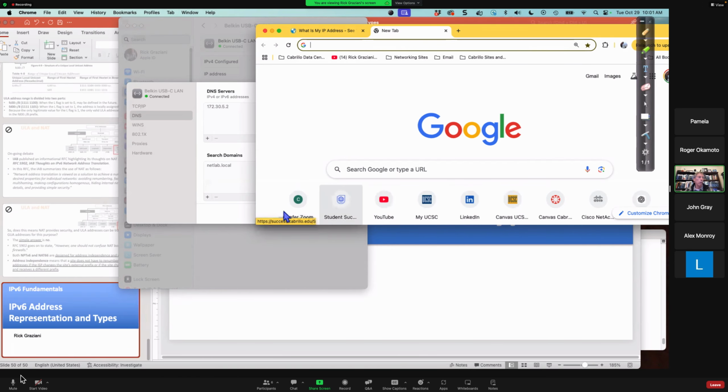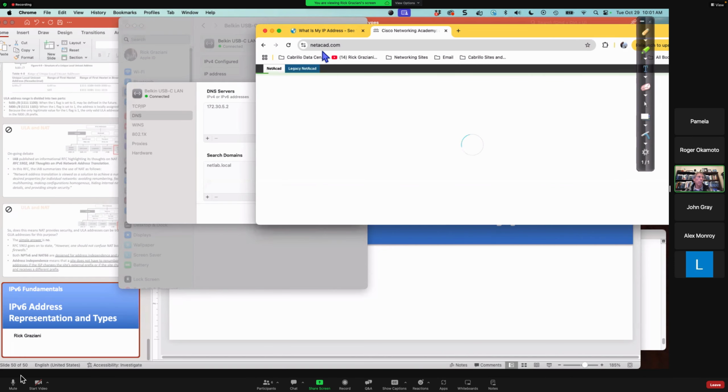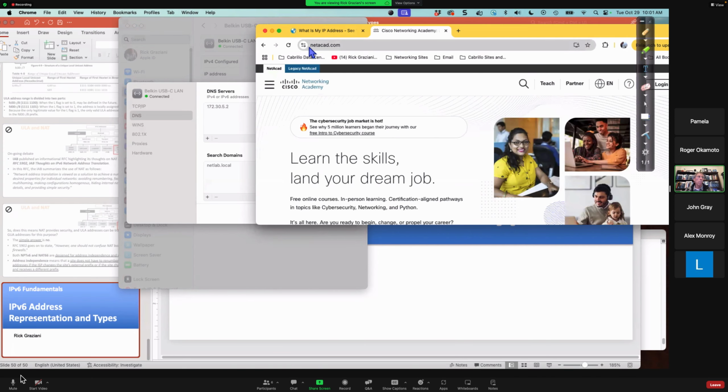This is the DNS server giving my computer the IP address to connect to www.netacad.com. If you don't have the right DNS server address, or it's missing, you're not going to be able to do anything on most things like the World Wide Web.